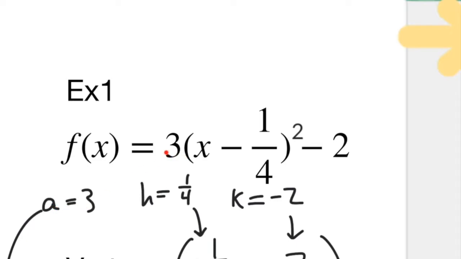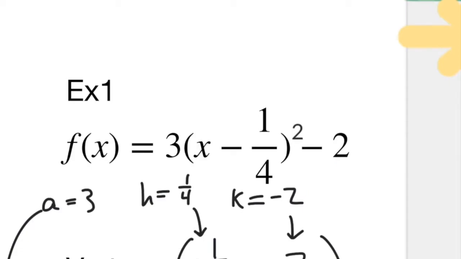Now, when we did transformations, we had a, b, c, and d, and they were different from this. But when we're working with parabolas, it's basically an a, an h, and a k. A is here, h is here, and k is here. So we've got a is equal to 3, h is equal to positive 1/4, because remember the formula asks for x minus h. H is positive 1/4, k is negative 2.